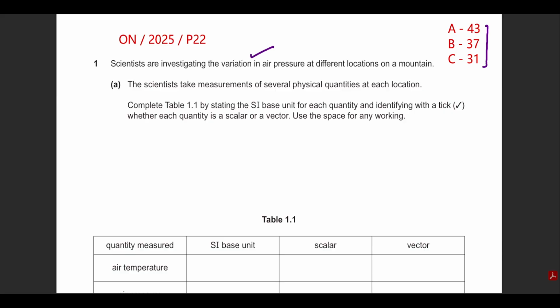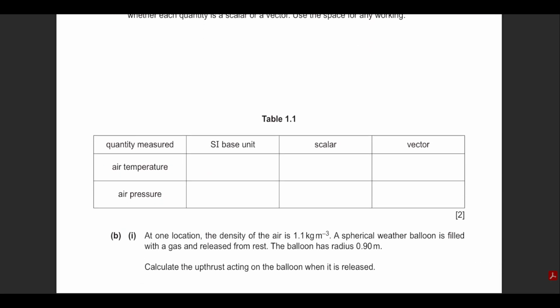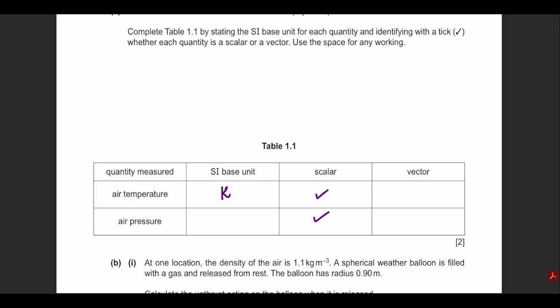We're investigating pressures, and we want to confirm the base units of these quantities. Temperature is Kelvin, so that's K, and it is a scalar. Pressure is also a scalar, but for the base units, we can simply use the formula, which is pressure equals force over area. Force is ma and area is meter squared.